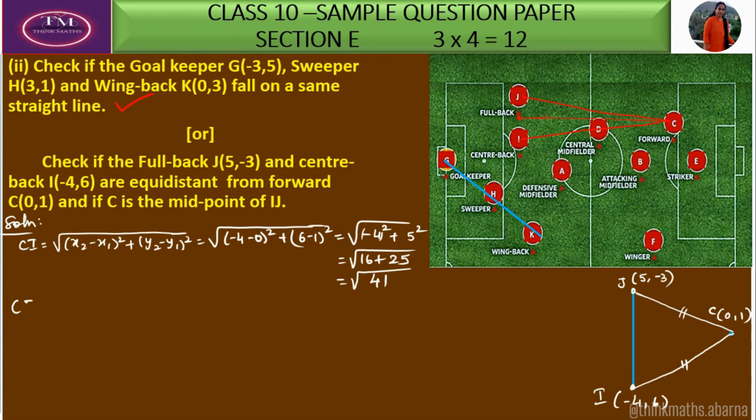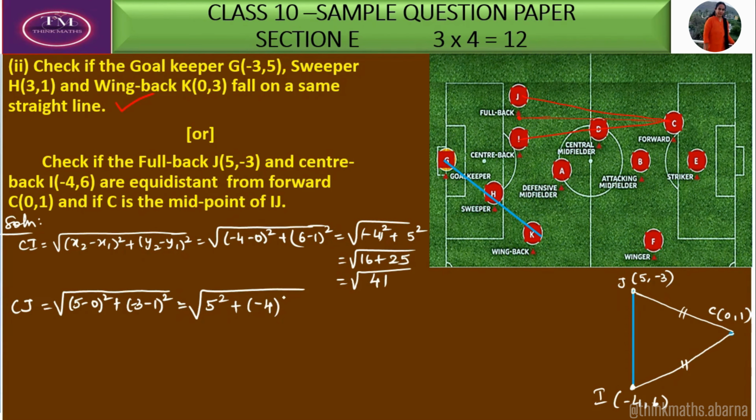Now next we will find CJ. So CJ is equal to the square root of (5 minus 0) whole square plus (-3 minus 1) whole square, which is 5 square plus (-3 minus 1) whole square. If both are negative, put the negative sign and add the numbers.